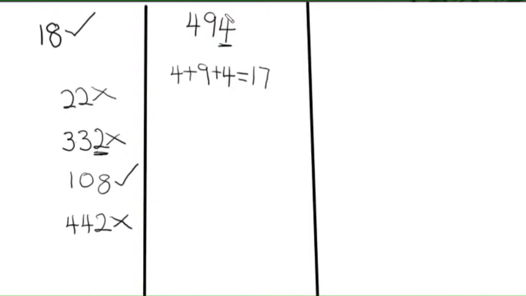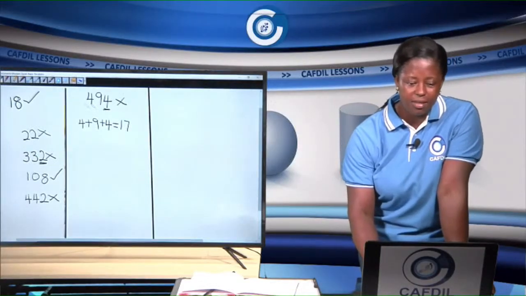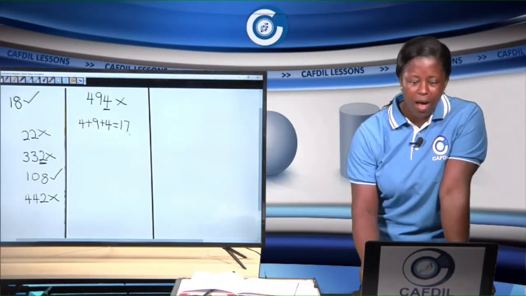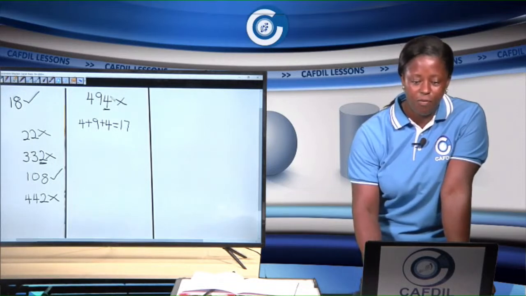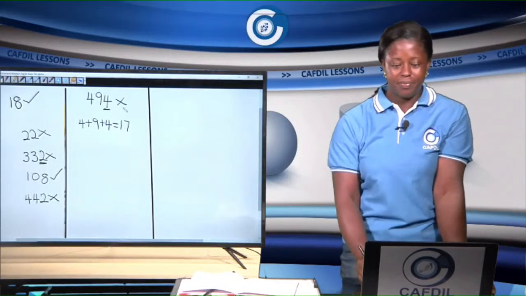Therefore, 494 is not divisible by 18. Though the last digit is even, when we add the digits, the sum is not divisible by 9. So 494 is not divisible by 18.